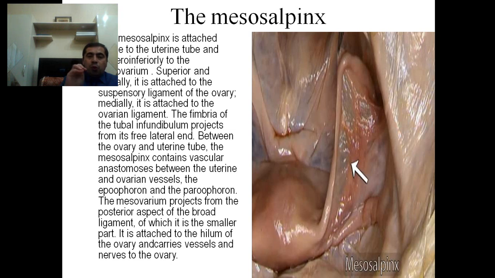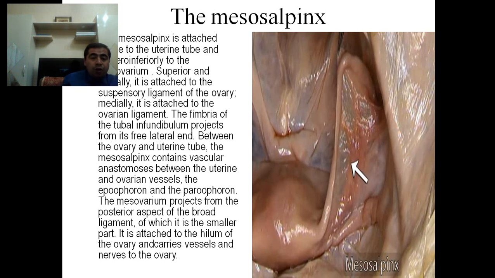And also within this anatomical structure are two rudimentary elements of the female genital system, the epoophoron and the paraophoron. They are derivatives of the Wolffian body and the Wolffian duct, which are reduced during intrauterine life in future girls.